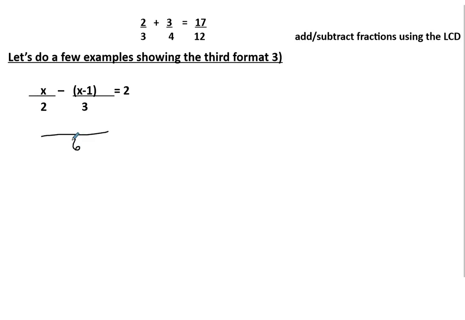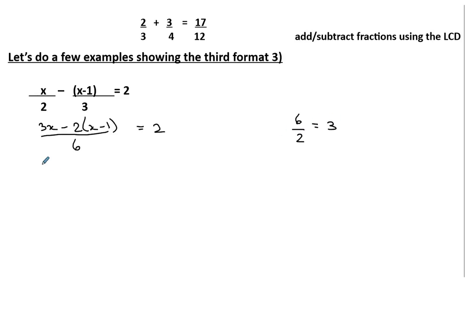So you go 2 times what is 6? 3. So 3 times x is 3x. Minus, and then 3 times what is 6? 2. So you go 2 times (x minus 1) equals 2. And can you see now this one looks like 6 divided by 2 equals 3.